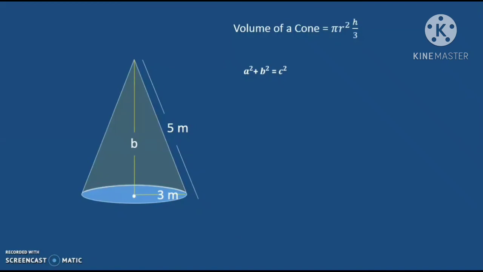So what we can do from here is use the Pythagorean theorem to find the height, since we have the values of a and c. Let's plug them in to get 3² + b² = 5². Then 9 + b² = 25. Let's solve for b² by subtracting 9 from both sides to get b² = 16.